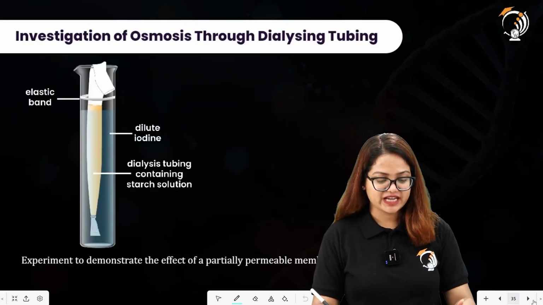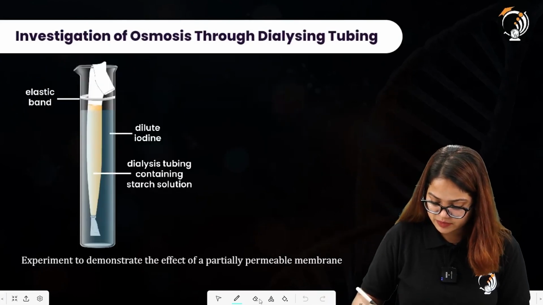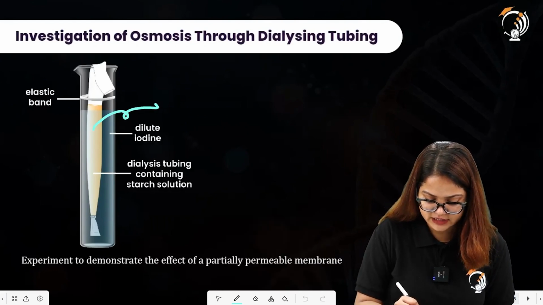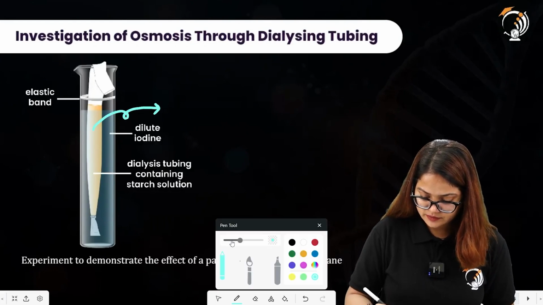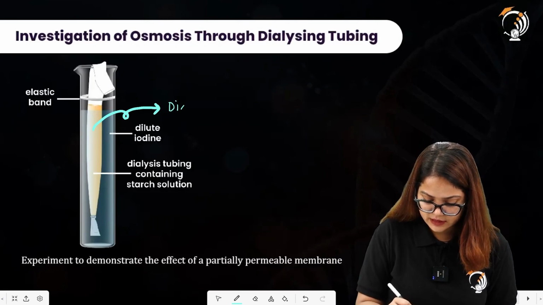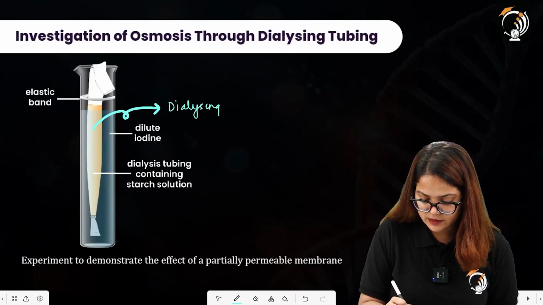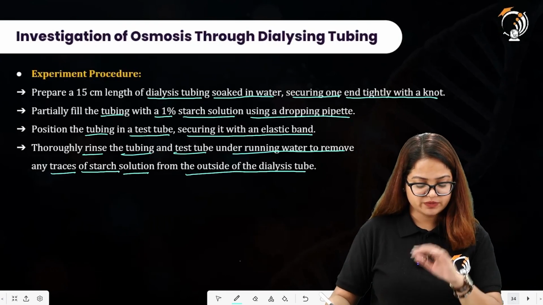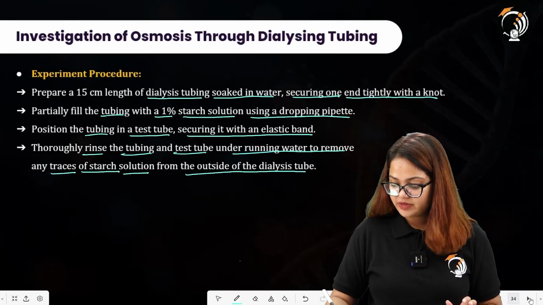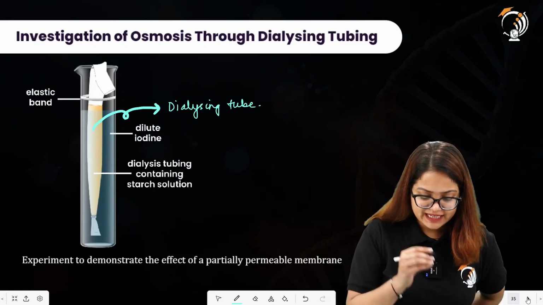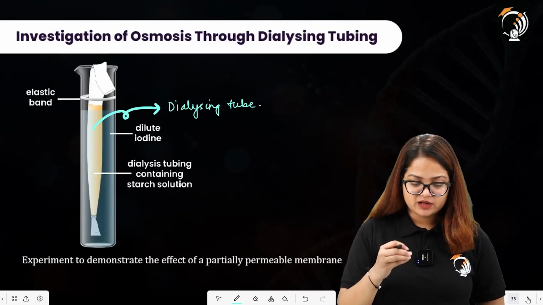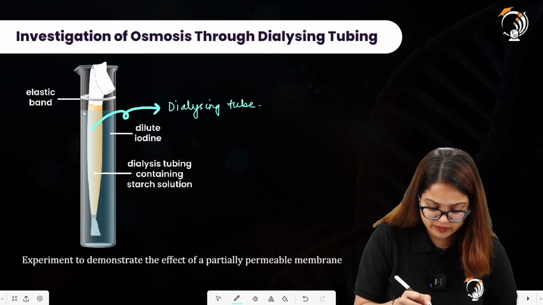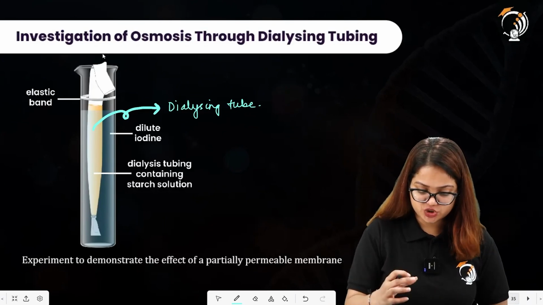And here we have the dialysing tube. This is representing the dialysing tube over here, and it has been prepared through the procedure written on the previous slide. The elastic band has been used to make it stick with the test tube here.